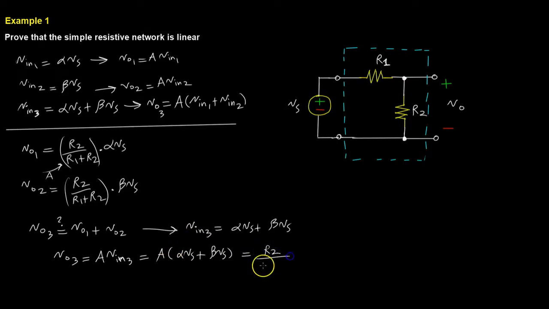It's going to be R2 over R1 plus R2, a simple voltage divider. And we have our alpha Vs plus beta Vs. Writing all that out, we have alpha Vs times R2 over R1 plus R2.